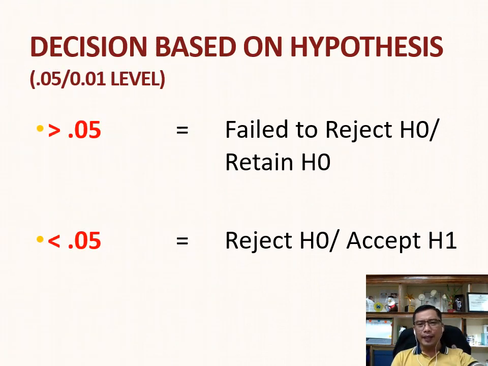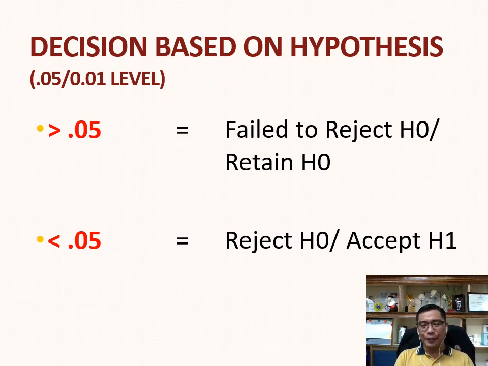And when you make a decision, you would be basing it on the level of significance. In the social sciences, as what I previously have shown you, what is considered beyond reasonable doubt is 0.05, and 0.01 for the natural sciences. So when what you have computed in your statistical analysis is greater than 0.05, the doubt is not reasonable.